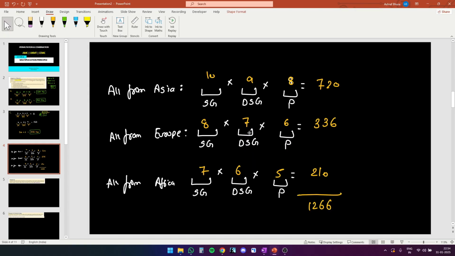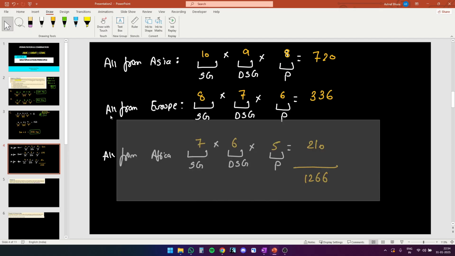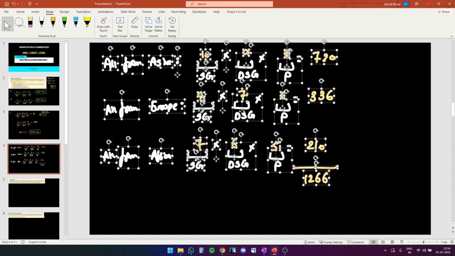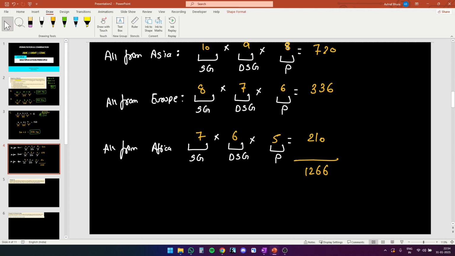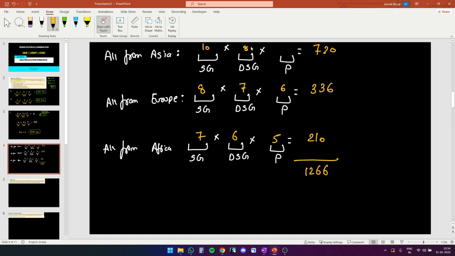Okay, now I have the count for all of these people, when I have selected all people from Asia, all people from Europe, and all of the people from Africa. Now, can I use complementary counting to find my answer?